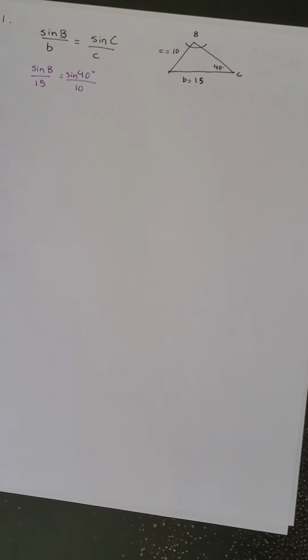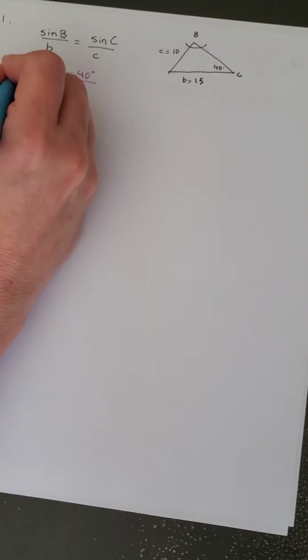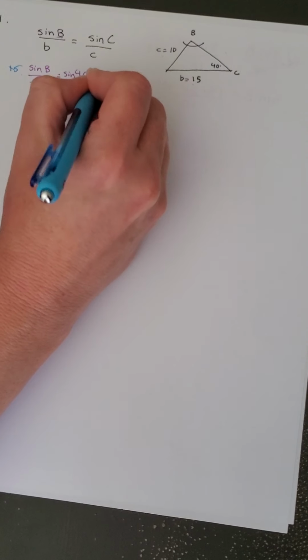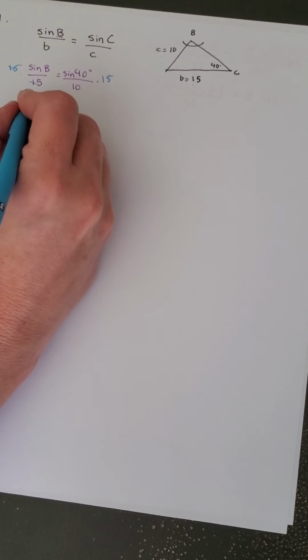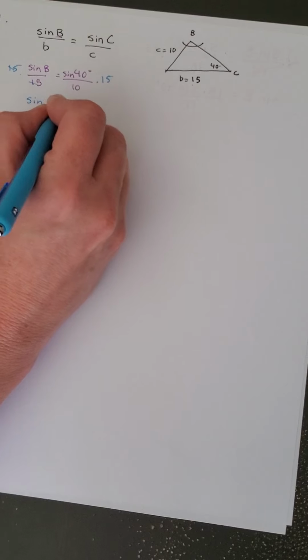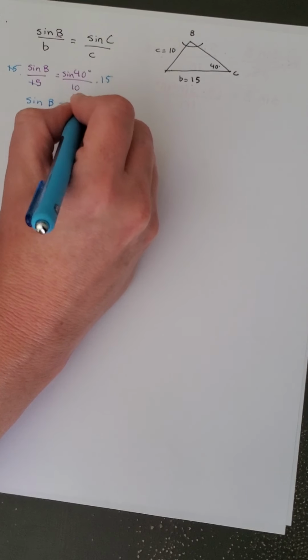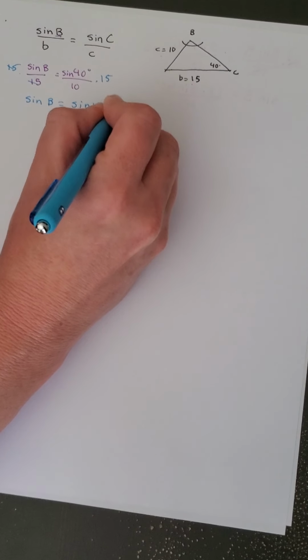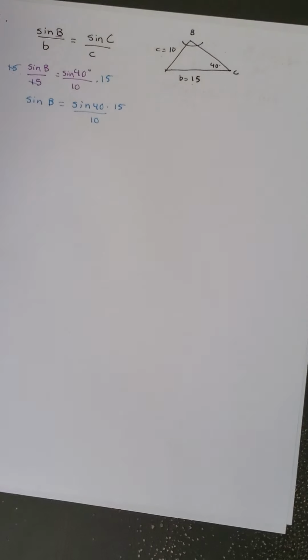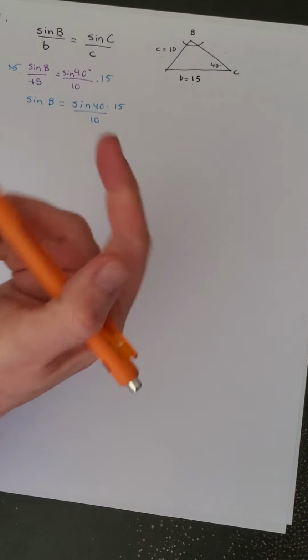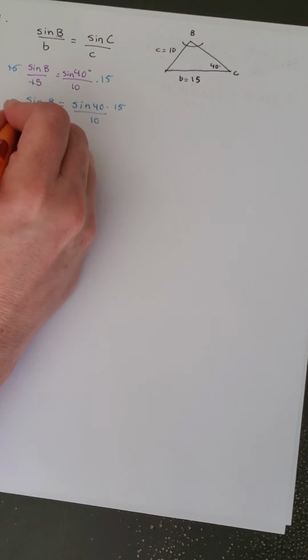So think about how we would do this. Multiply by 15 on both sides, so I get sine B equals sine 40 times 15 all over 10. Then I want to get B by itself, so I'll sine inverse both sides.